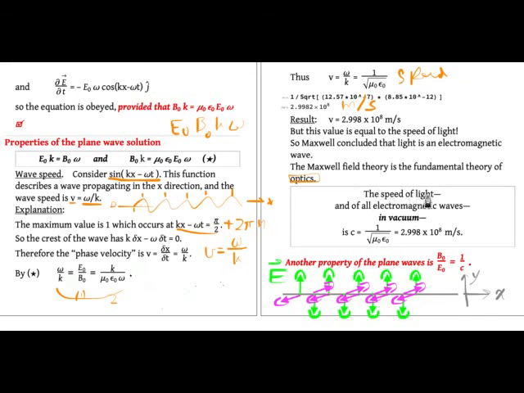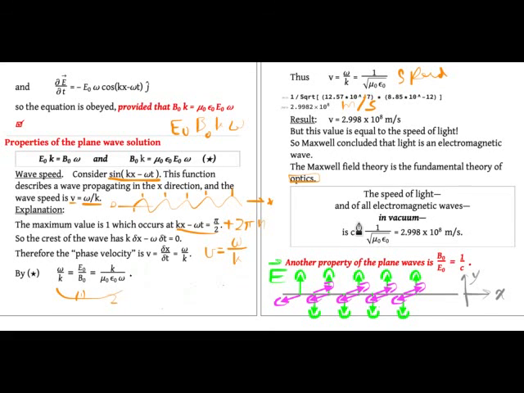So the speed of light and of all electromagnetic waves, and we're talking about waves in vacuum, moving in empty space where there are no particles, is 1 over the square root of mu 0 epsilon 0. It has a universal value, 2.998 times 10 to the 8 meters per second.